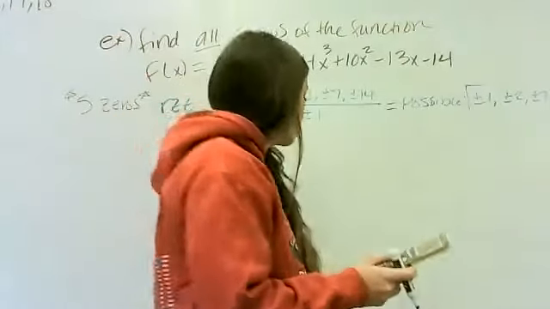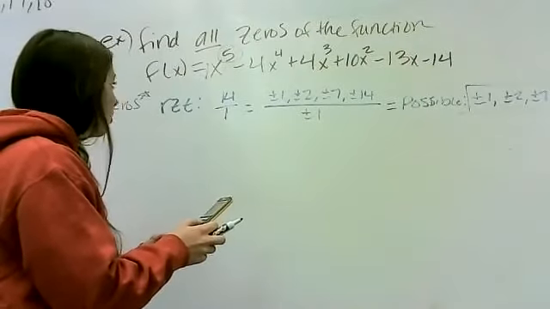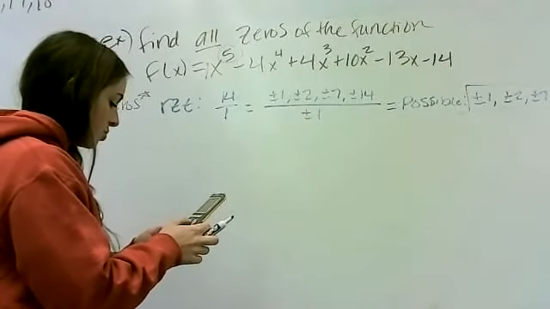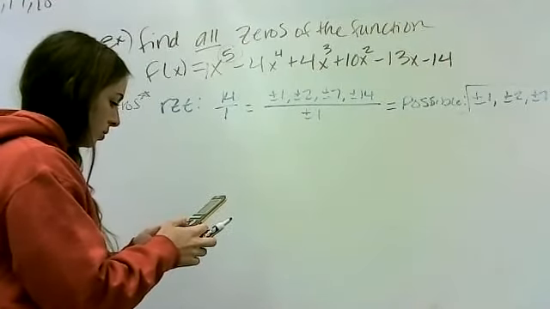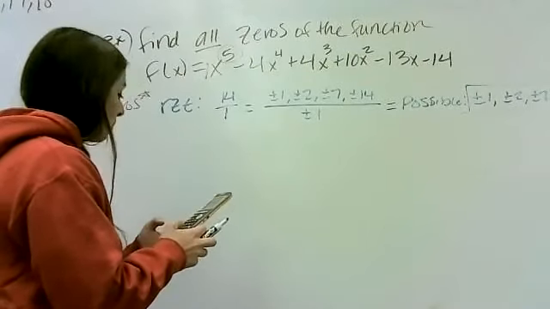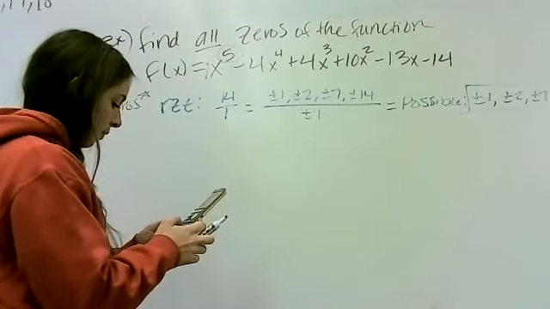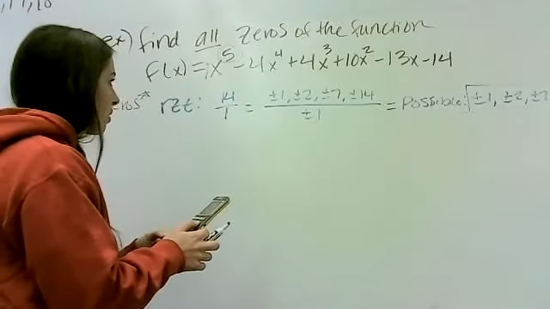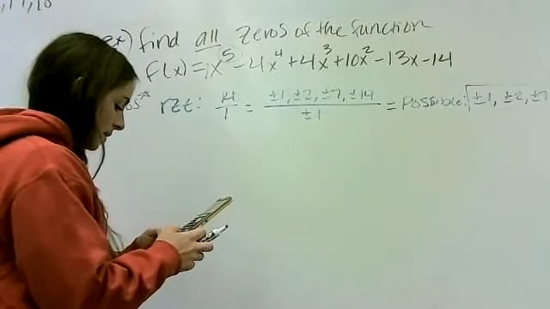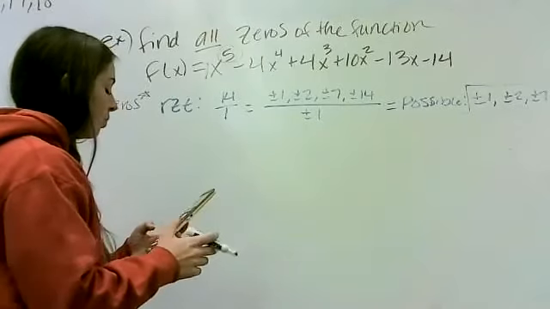So we go to y equals and we type in x to the fifth minus 4x to the fourth plus 4x to the third plus 10x squared minus 13x minus 14. And we graph it.